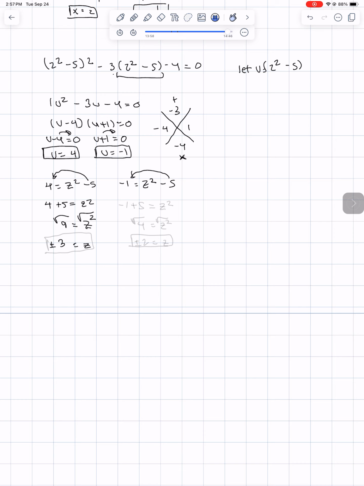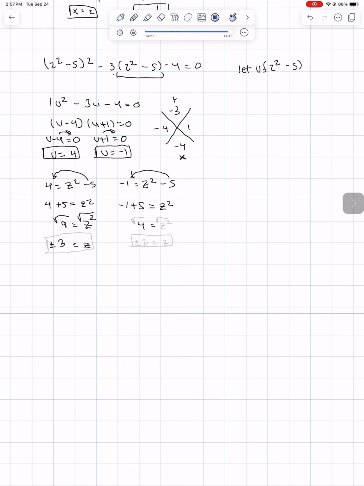And then my other z, when you move it over, you get -1 plus 5 equals z squared. So -1 plus 5, well, what do we get? -1 plus 5 is 4.